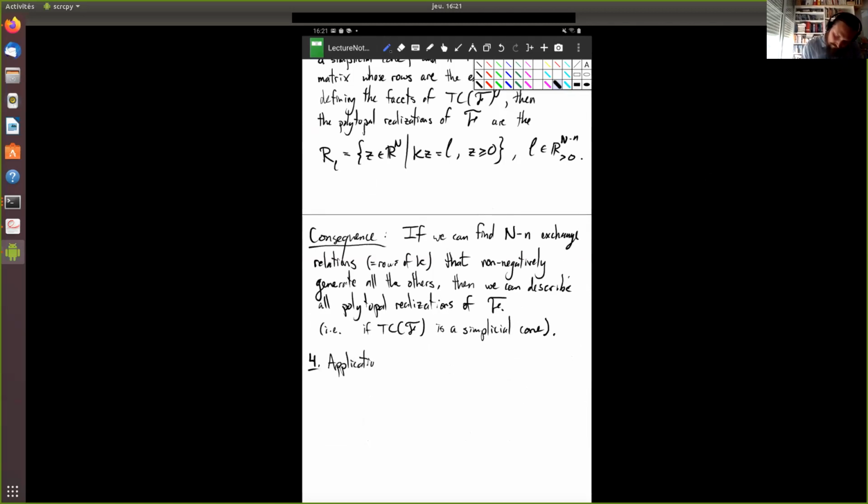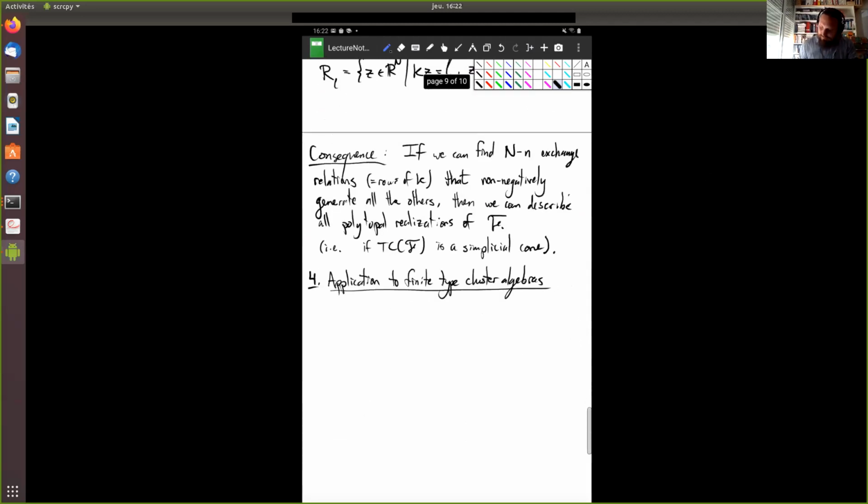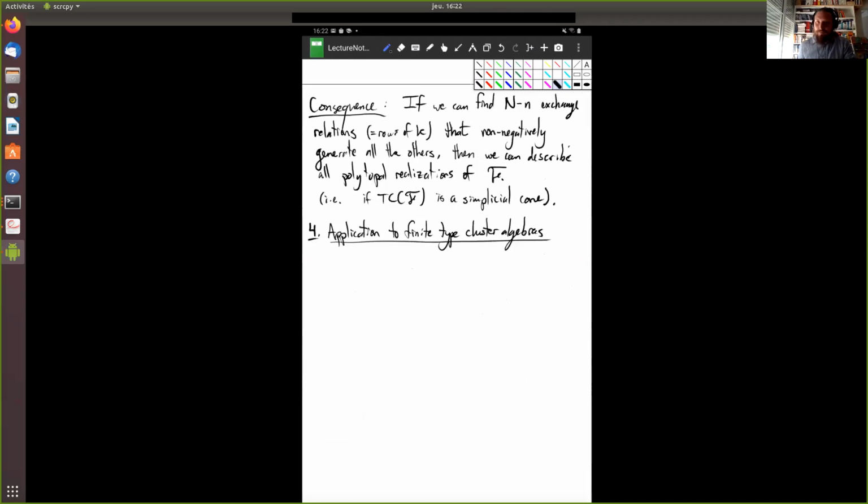Its application to finite type cluster algebras. So I want to not necessarily explain, but at least state our main result for finite type cluster algebras.